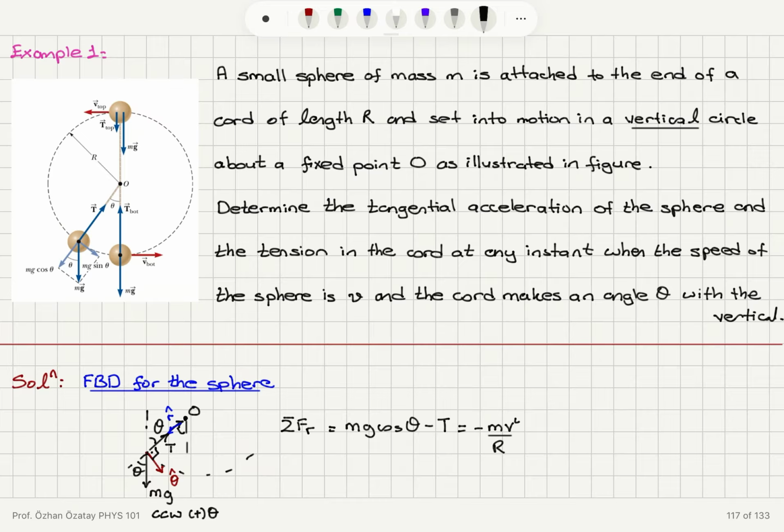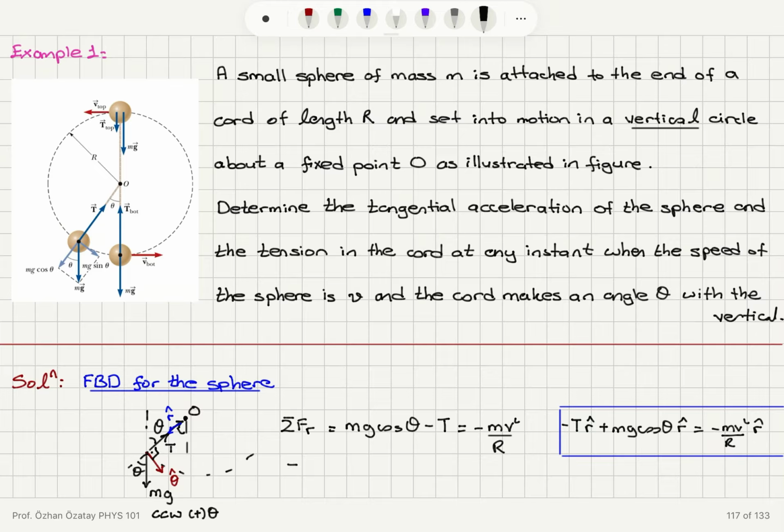Just to remind you, using the r hat and theta hat vectors here, because we have minus T in the r hat direction plus mg cosine theta in the r hat direction, that is equal to minus m v squared over R in the r hat direction. So this is actually a vector equation, and I'm considering the signs of the vectors according to the unit vectors.